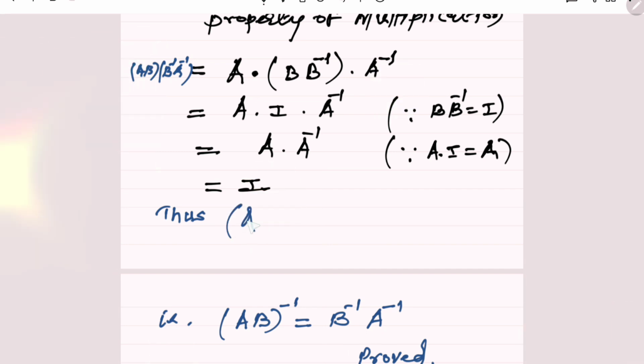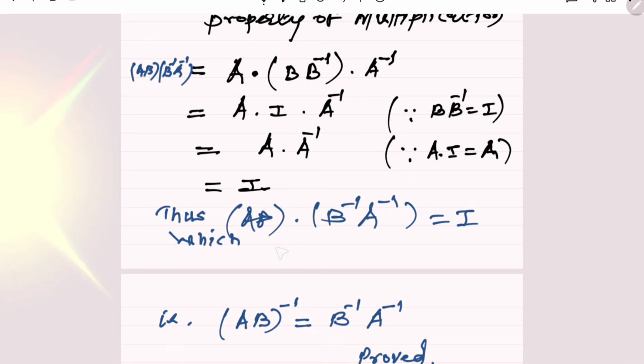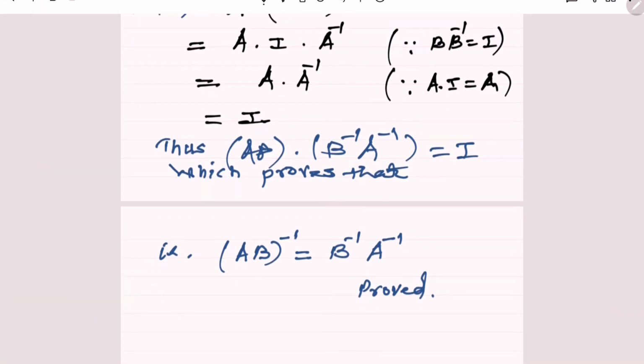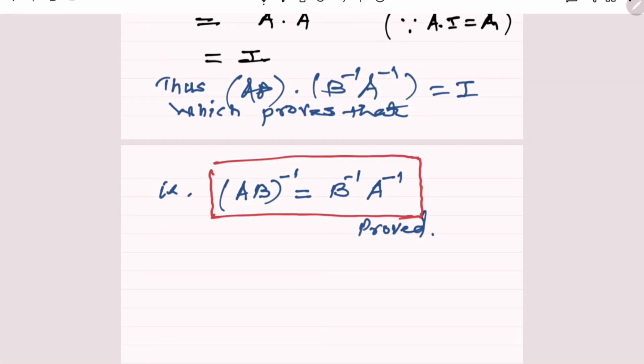As we are getting the product of AB into B inverse A inverse as an identity matrix, that means if we transfer that AB to the other side, we get B inverse into A inverse is equal to AB inverse, or nothing but AB inverse is equal to B inverse A inverse. That is the required result.